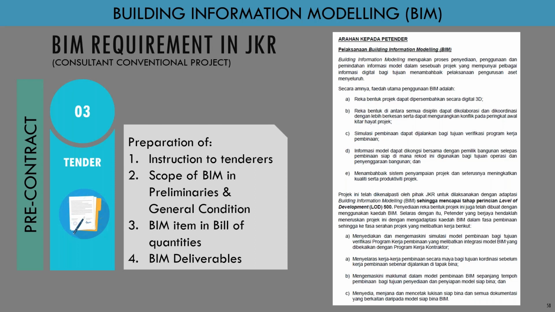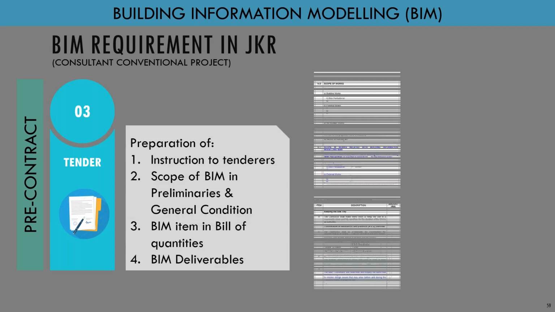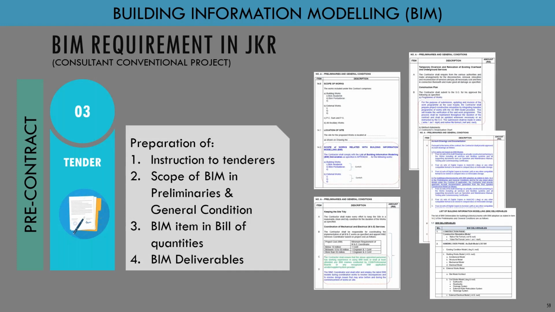We will put the scope of BIM in the preliminary and general conditions, and we put the BIM items in the bill of quantities, and we have a BIM deliverable so that the contractor can price the BIM items in their contract.